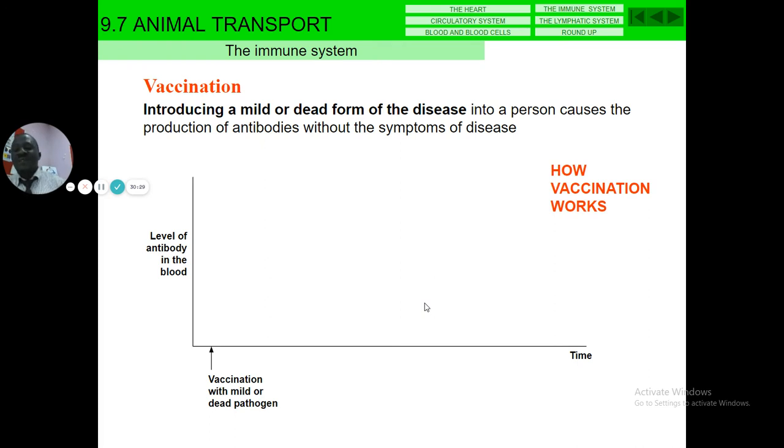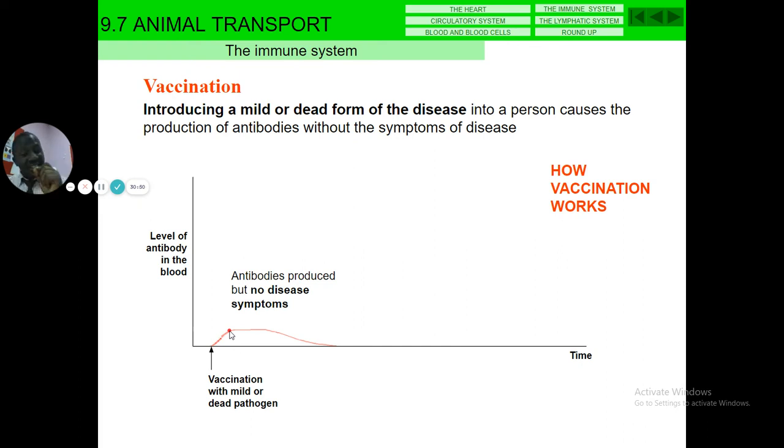So when they vaccinate you for the first time, the first initial vaccination with a mild or dead pathogen, what happens? The immune response is still going to be like the previous one. Antibody is produced, but they will be very low and the number will be very small. So in this process, two things are happening.